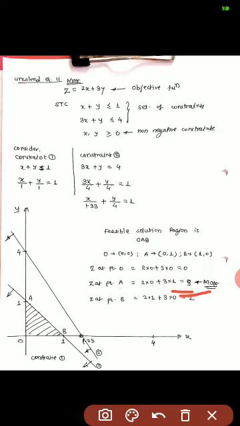So therefore our optimum solution is at point A, and this will tell us we have to produce only one component of y in order to have the maximum profit. So the correct answer is the objective function will become maximum at point A for the value of y equal to 1 and x equal to 0.